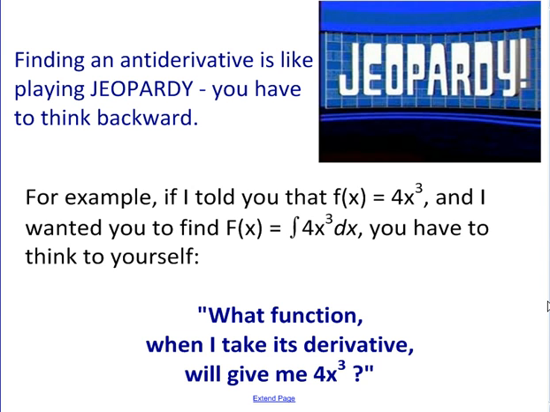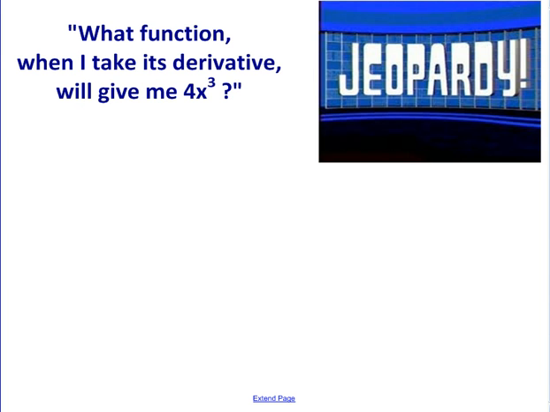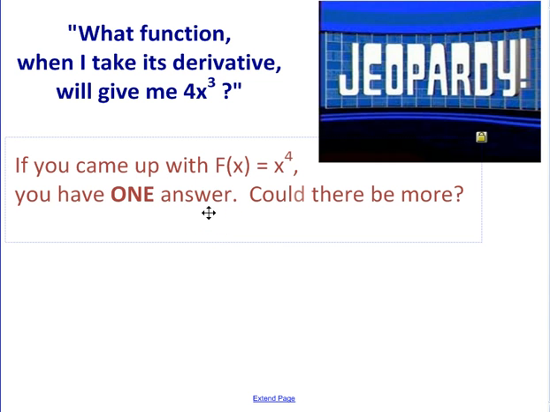So you notice how that's like Jeopardy? You're thinking the other direction. So, what function, when I take its derivative, will give me 4x cubed? Well, if you came up with capital F of x is equal to x to the 4th, you have one answer. Because if I took the derivative of x to the 4th, I would get 4x cubed.